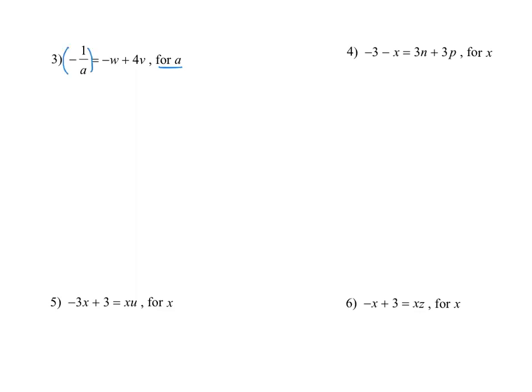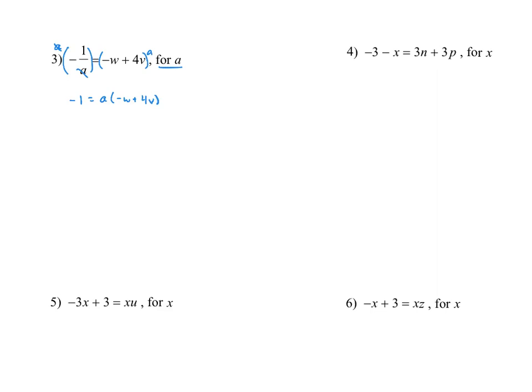So I'm going to multiply this side by a and this side by a. On my left side, my a's cancel out, which is what I wanted them to do. So -1. And I'm not going to multiply a into this parentheses because I want a to be by itself. So I'm just going to put it up front and keep my parentheses in place. This will make sense in a moment.